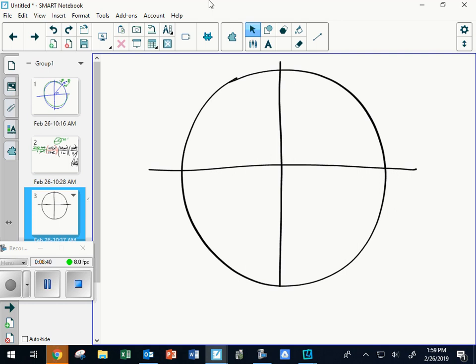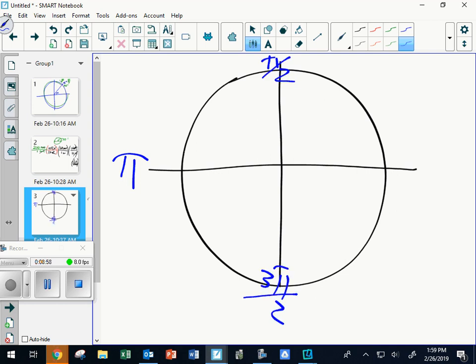If you get stuck, put a pi first. That's pretty easy. You get the pi's here. And then you could put up pi over 2, which is halfway to pi, which would have been here. And then how many of you knew it was down there? Raise your hand if you had that one right.